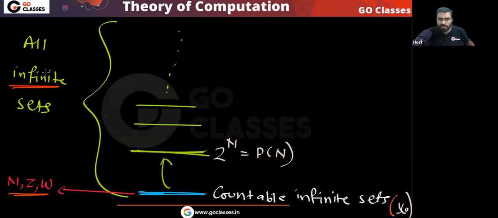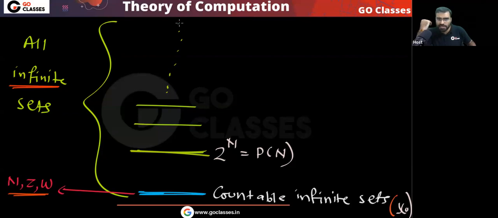That power set of n is more infinite than the set of natural numbers. The size of this set is bigger than the size of the natural numbers.